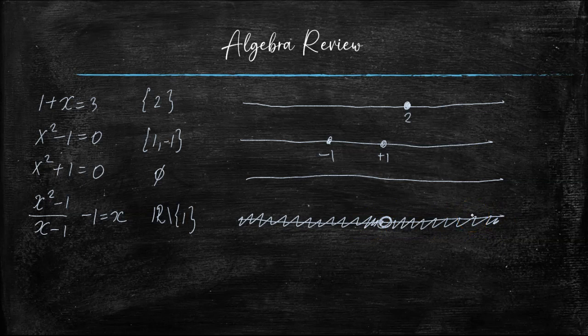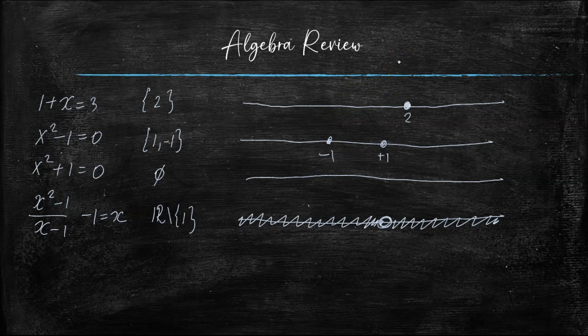So the first observation is that solutions of equations in one variable can be visualized on a number line. Now, that doesn't mean you know how to solve it yet, right?